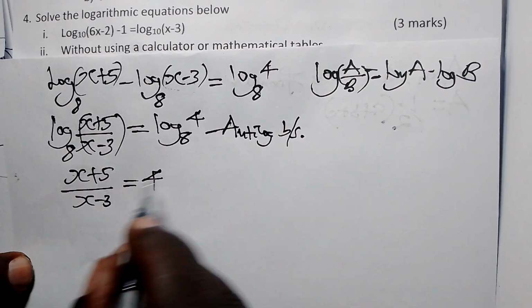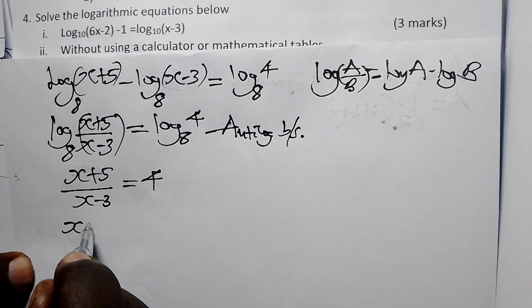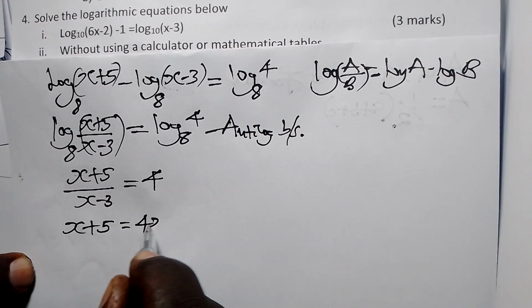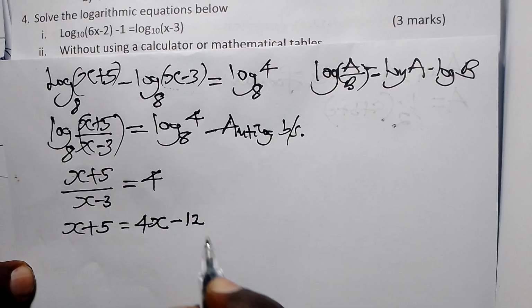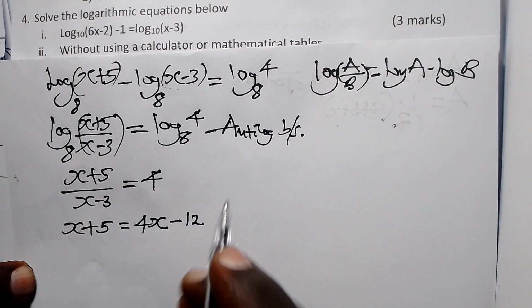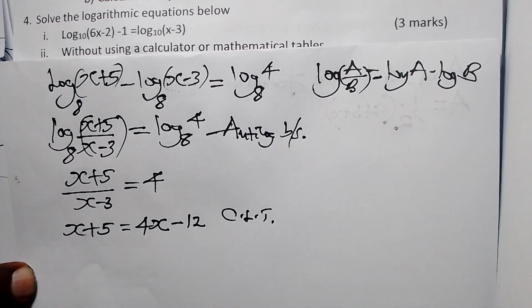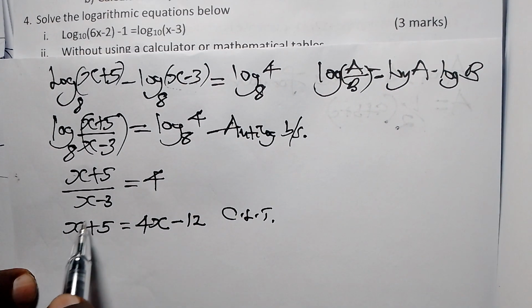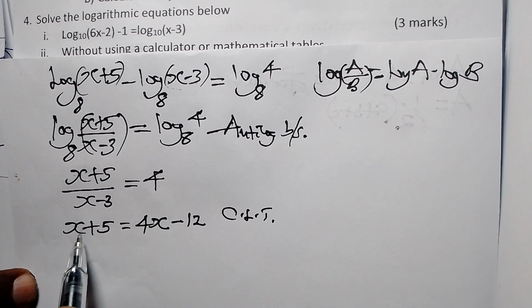When we cross multiply, we're going to get x plus 5 to be equal to 4x minus 12. And then here again, we collect like terms. You can subtract x from both sides and add 12 on both sides.